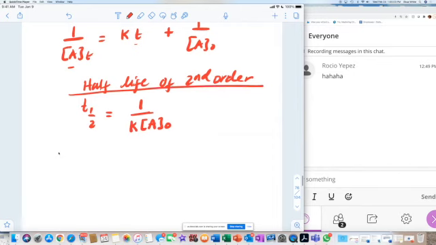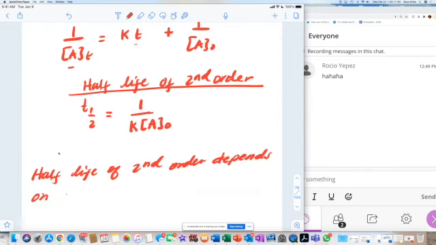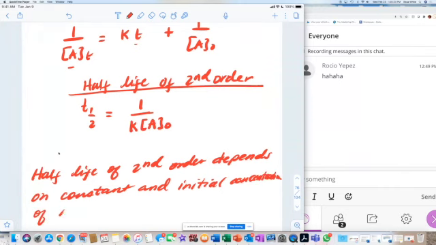So here's one of those statements again. Half-life of second order depends on the constant and the initial concentration of reactant.